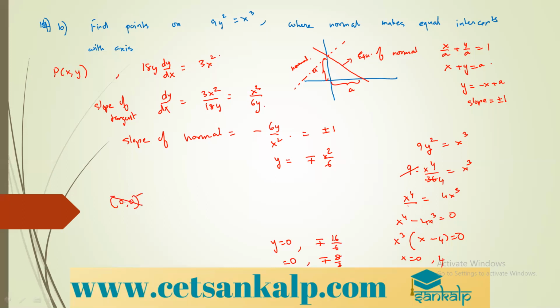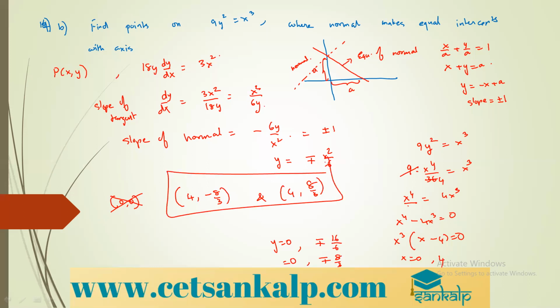The normal, if it is at 0 comma 0, won't make equal intercepts. So we have to take x is 4, y is minus 8 by 3 and x is 4, y is plus 8 by 3. These are the 2 points where the normal is drawn, and so it will make equal intercepts.